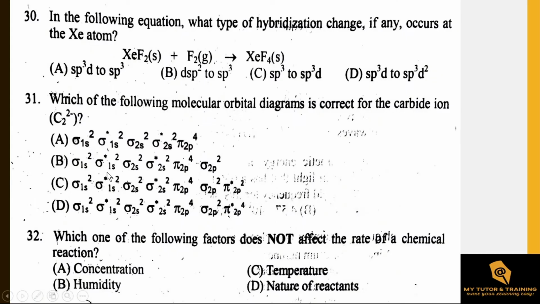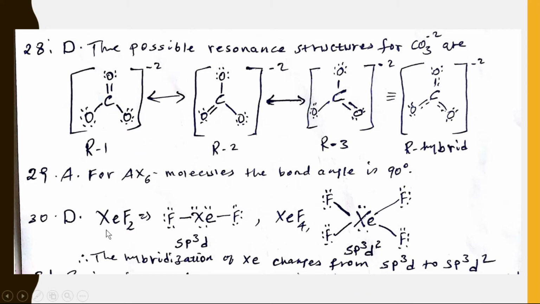Question number 30. In the following equation, what type of hybridization change, if any, occurs at the xenon atom? Let's see. Xenon has the hybridization sp3d in xenon difluoride.